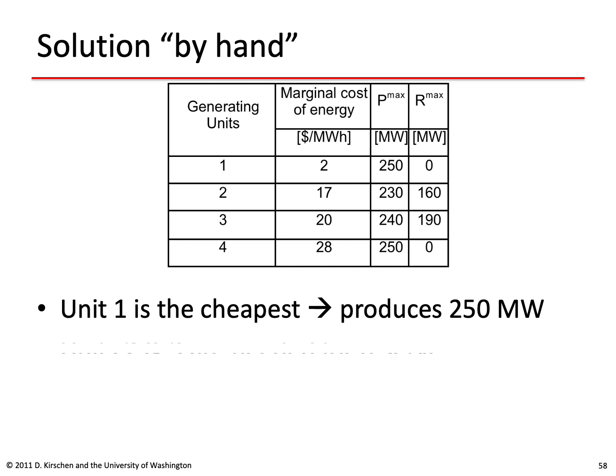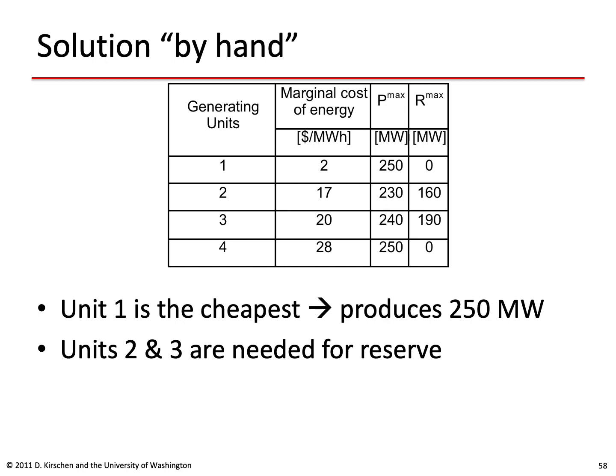Now we also notice that both unit 2 and 3 are needed for reserve, so we must have R2 plus R3 greater or equal to 250, but at the same time R2 cannot be greater than 160 and R3 cannot be greater than 190.